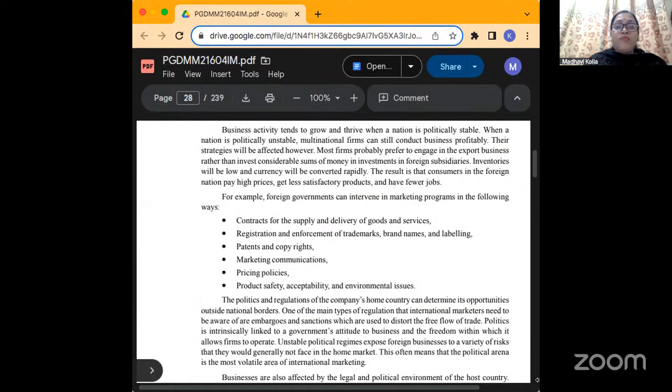For example, foreign governments can intervene in multiple ways. How? For example, in terms of the contracts for the supply and delivery of products. It could be in terms of registration and enforcement of trademarks, brand names, labeling.